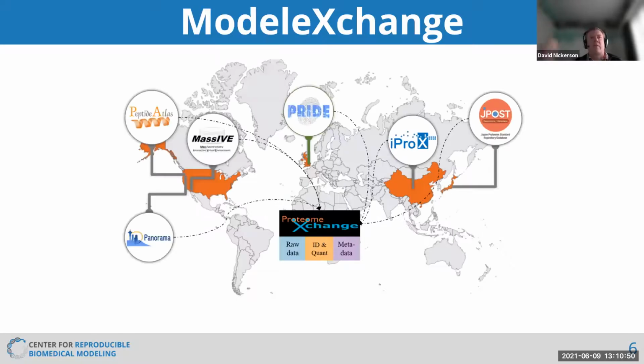And this is based on the idea of ProteomeXchange, which already exists, where they found it was very successful to link all these repositories of proteome knowledge together in a way that lets you search and discover. And so what we're trying to work towards is how we can do this for models, and give one place where you can go and find useful models.